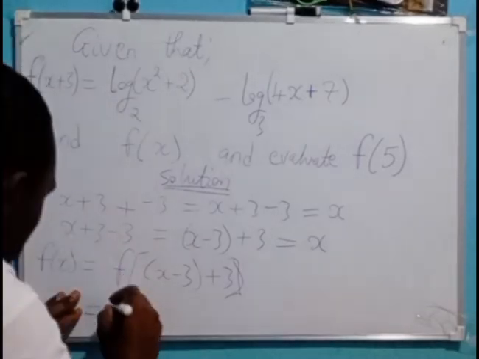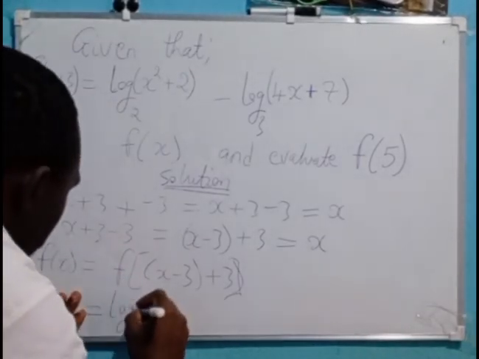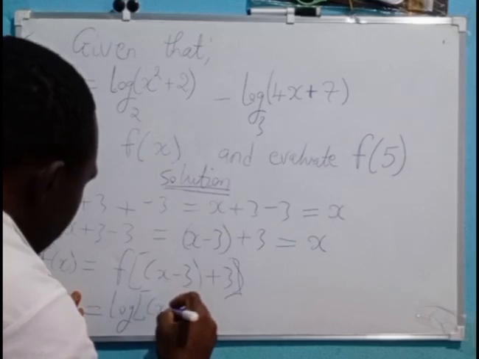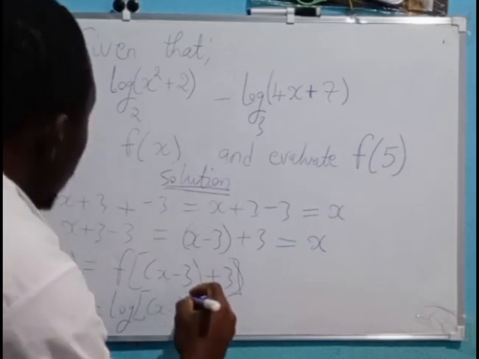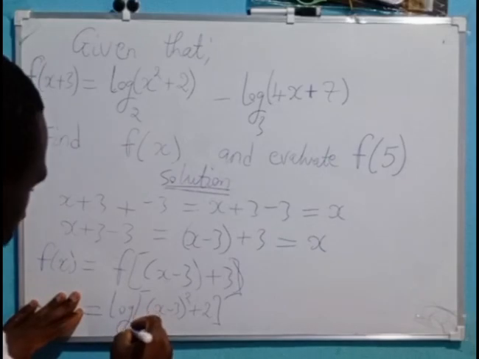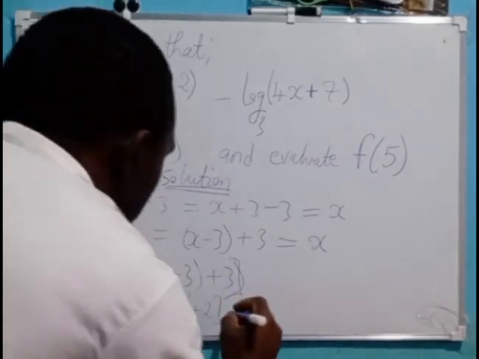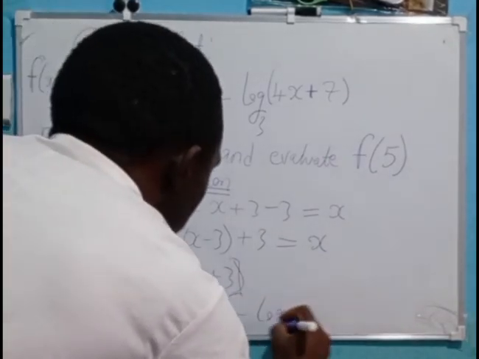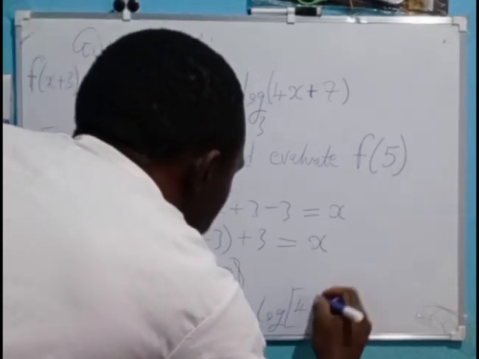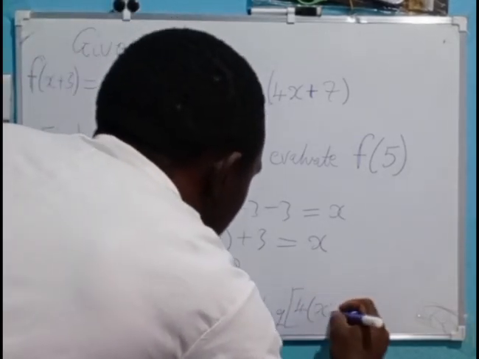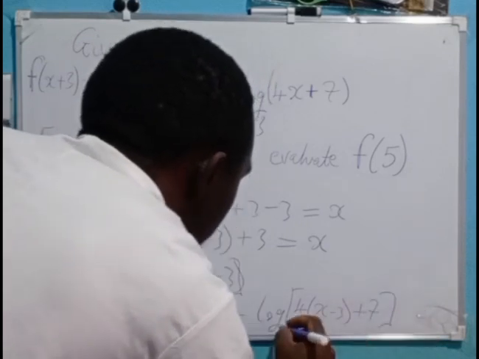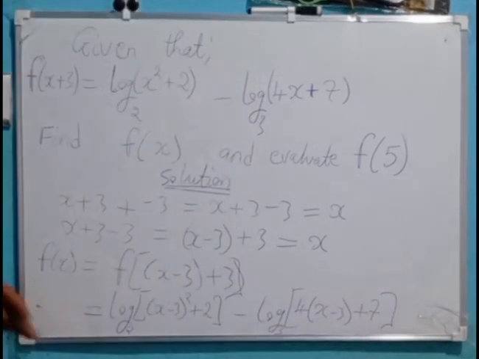This will give us the log of x minus 3, all this squared plus 2, to the base 2, minus the log of 4 times x minus 3 plus 7, to the base 3.